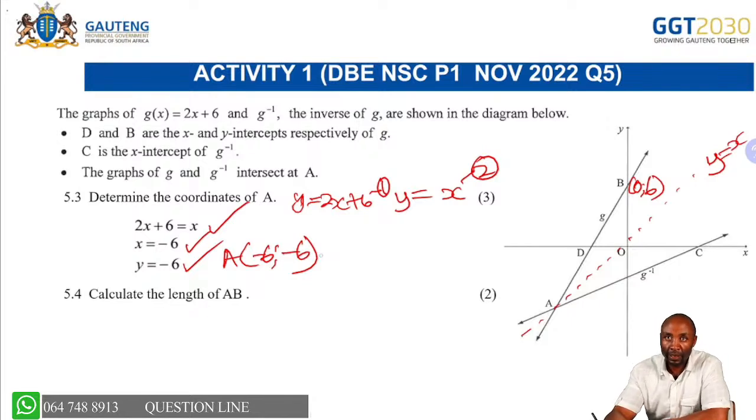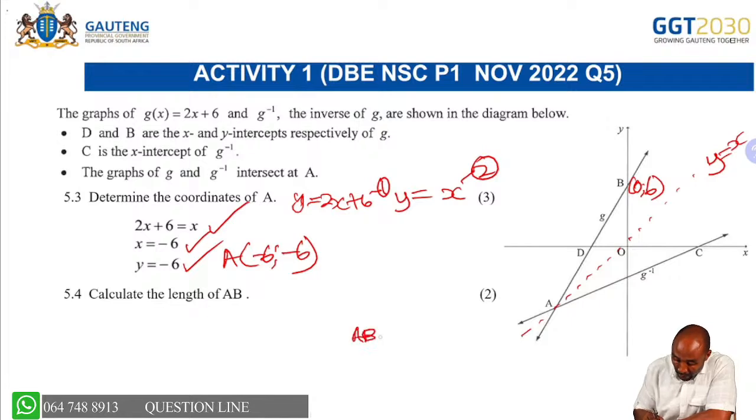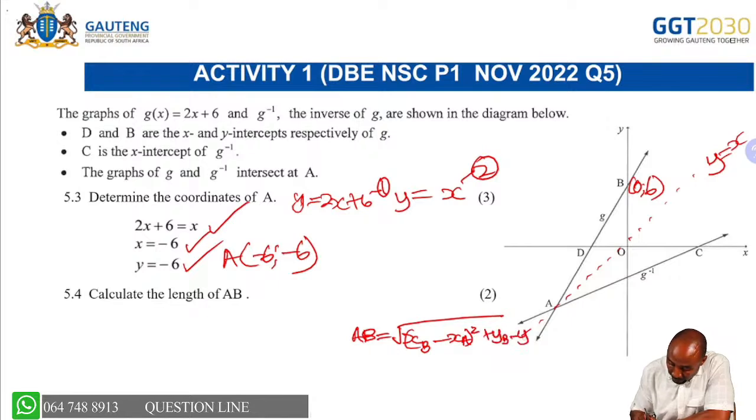There is no way you can say, I'm now doing paper 1 only. Concepts of paper 1 are used in paper 2 and concepts of paper 2 are used in paper 1. So the length of AB, we are going to use the distance formula, and you are aware that the distance AB will be given by x at b minus x at a squared plus y at b minus y at a squared under the square root.